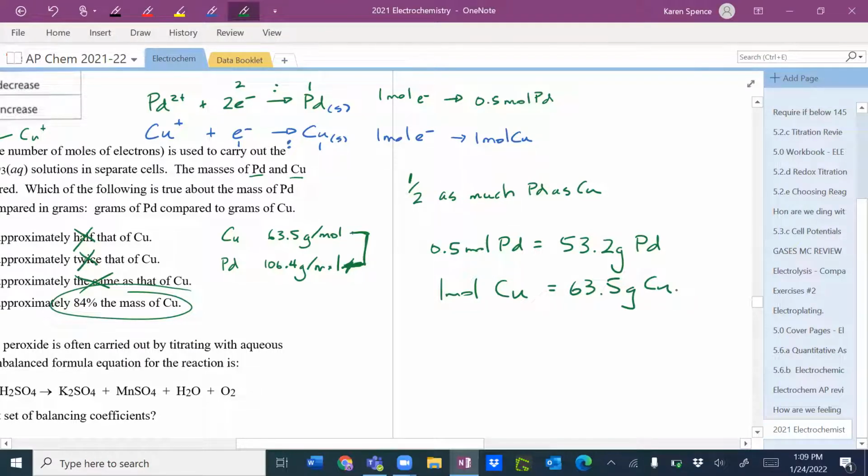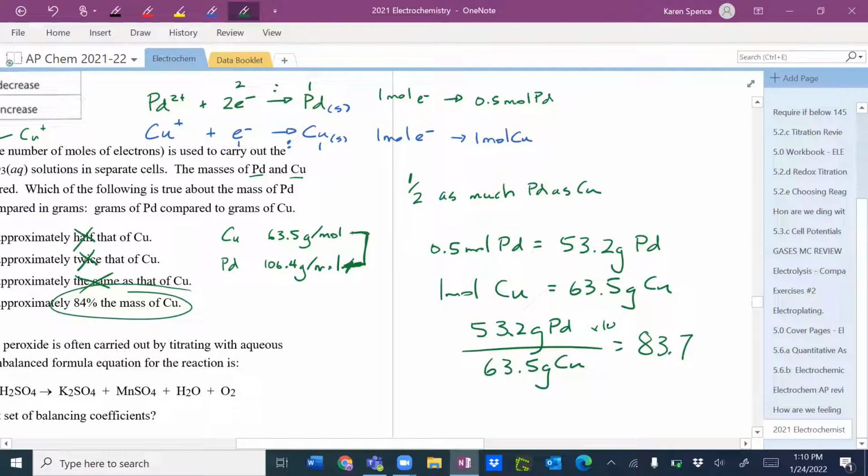And so 53.2 grams of palladium divided by 63.5 grams of copper is 83.7, yay, 83.7.